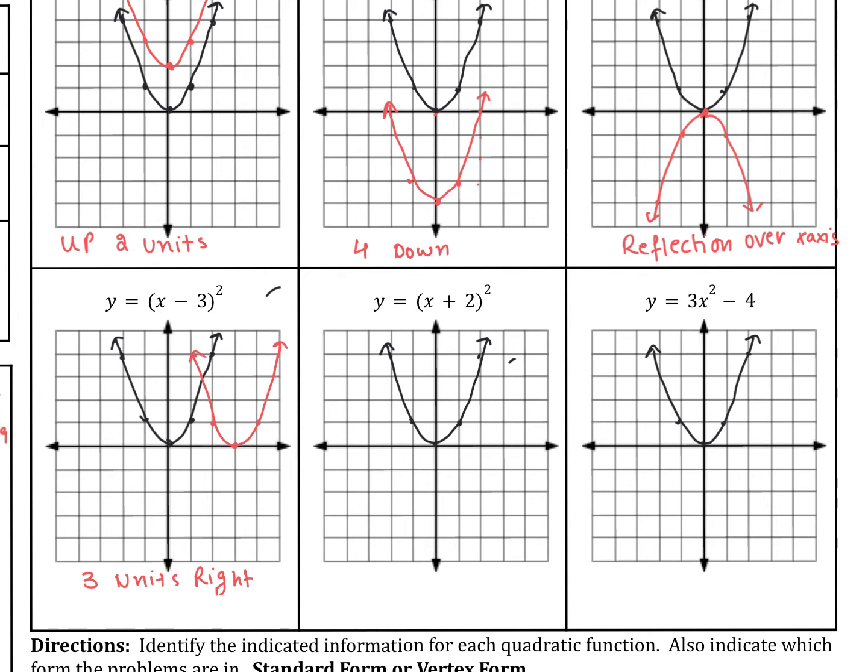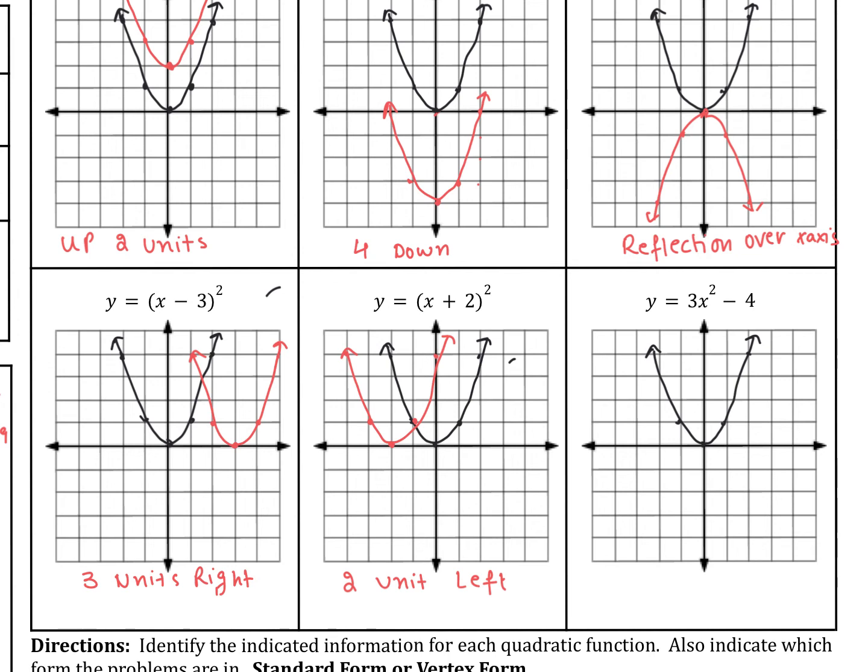For plus 2, the graph moves 2 units left, so that's going to be your translated graph, moved 2 units left.